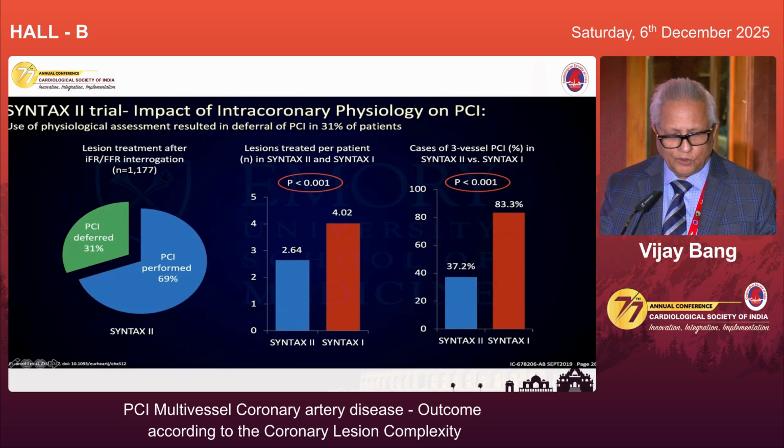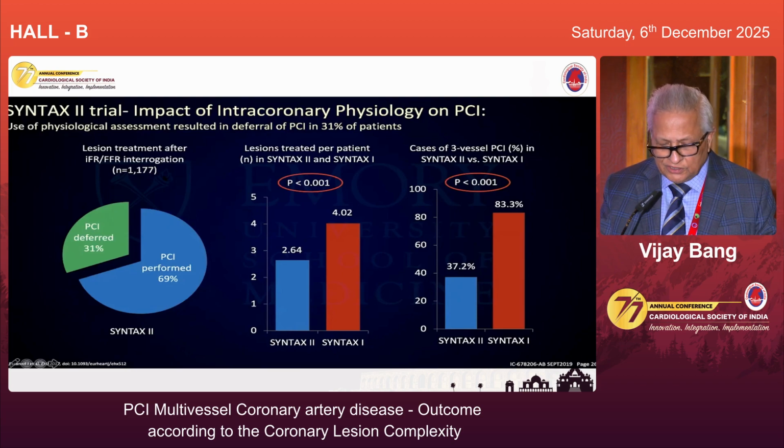And impact of coronary physiology, you can see that if you apply coronary physiology, only 2.64% patients will require stent, whereas 402 in SYNTAX 1. So lesion assessment becomes very vital, and this is significantly different from what it was earlier.